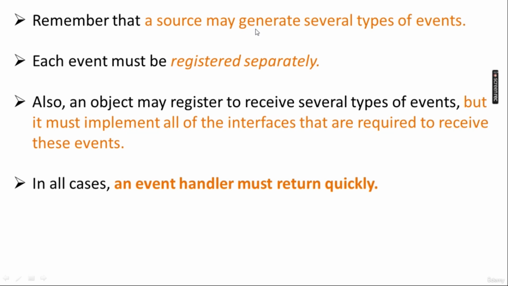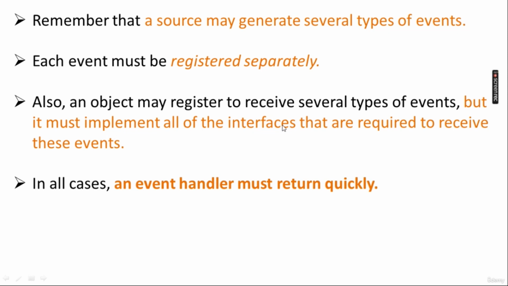So there are multiple types of listener you can create which implement the interface. And what will the source do? The source will call the method inside the listener, so that using that particular object, the listener can actually handle the event. Each event must be registered separately for separate listeners.